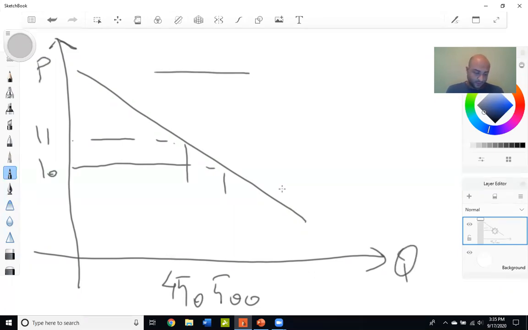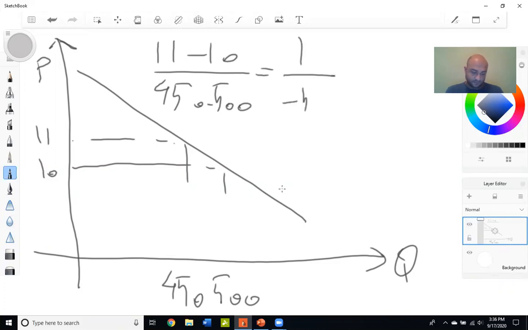So if you go from 11 to 10 on the price axis, you'll have 450 to 500 on the quantity axis, which is equal to 1 over minus 50, or negative 1 over 50. This is the slope of the curve.